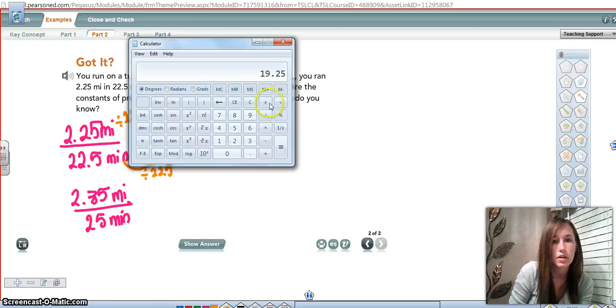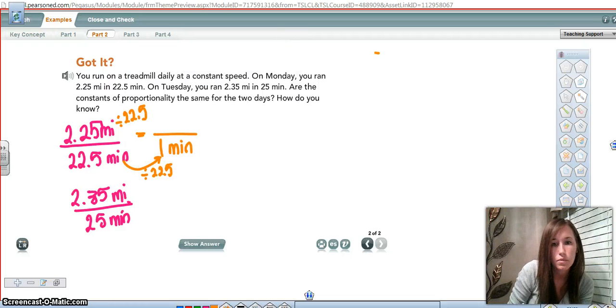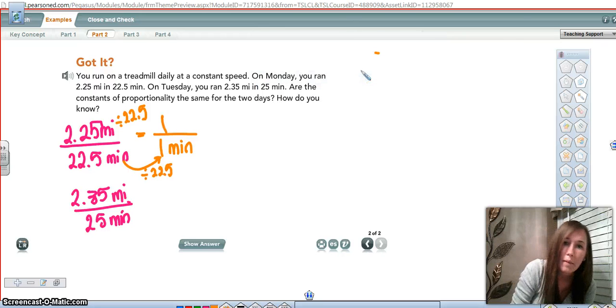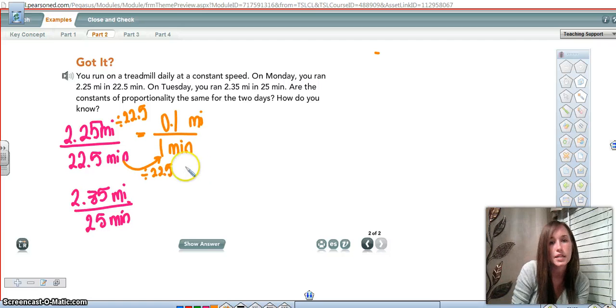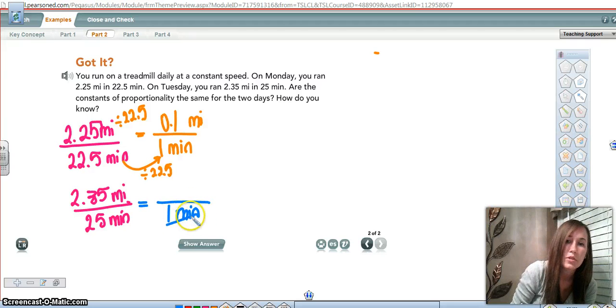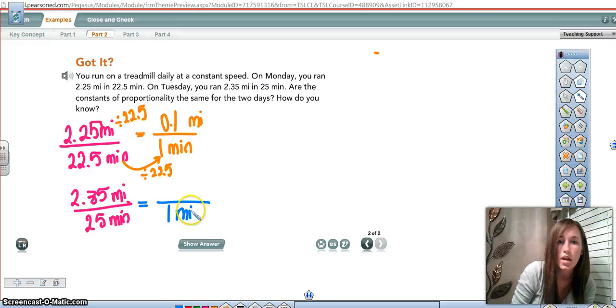Let's use a calculator. 2.25 divided by 22.5 gives us 0.1 mile, a tenth of a mile in 1 minute. All right, and we could do the next day. Find the constant of proportionality, aka unit rate.